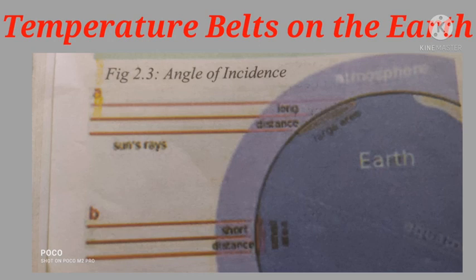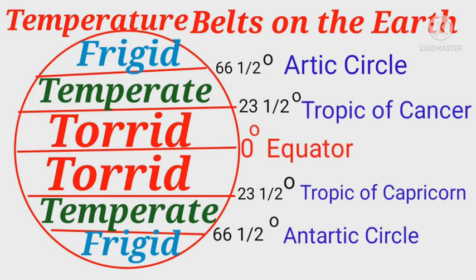In December, it shines over the Tropic of Capricorn in the southern hemisphere. We can see a belt in which the direct rays of the sun fall at some time of the year. This belt extends from the Tropic of Cancer to the Tropic of Capricorn. This is called the tropical belt. This belt gets more heat energy from the sun.